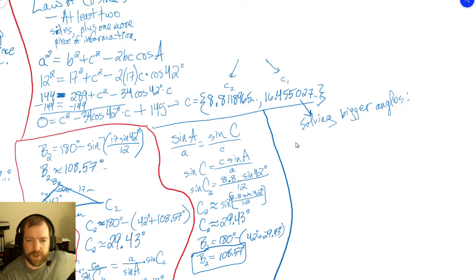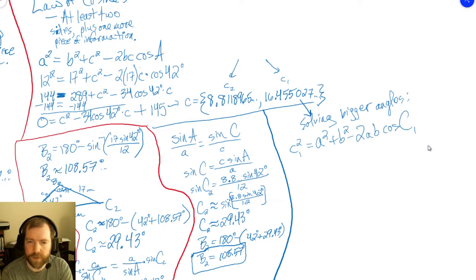So in this particular case, we want c1 squared is equal to a squared plus b squared minus 2ab cosine c1, like that. So I'm just going to throw this all in.